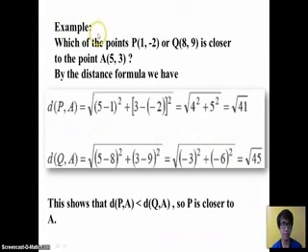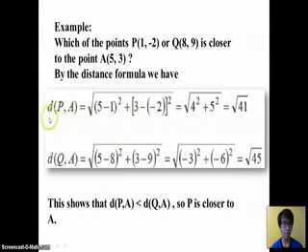Okay, here's an example, one of the questions that might come up, but a simple one. Which of the points P, with coordinates 1, -2, or Q, 8 and 9, is closer to the point A, coordinates 5 and 3? For the distance, we use the previous formula that we have learned and put in all the data we can get from the equations.